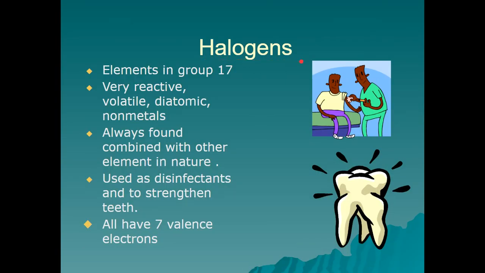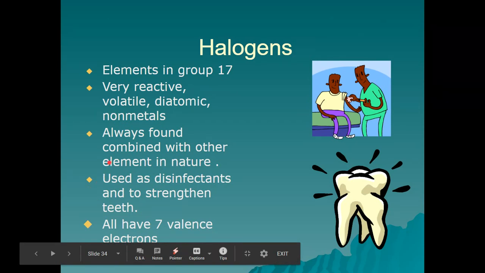Now the halogens, everybody in group 17. These are very reactive, volatile, diatomic. Remember, di means two, so these guys all come in twos. These are all non-metals, and they're always found combined with other elements in nature. They can be used as disinfectants and to strengthen your teeth. Of course, you've got fluoride.